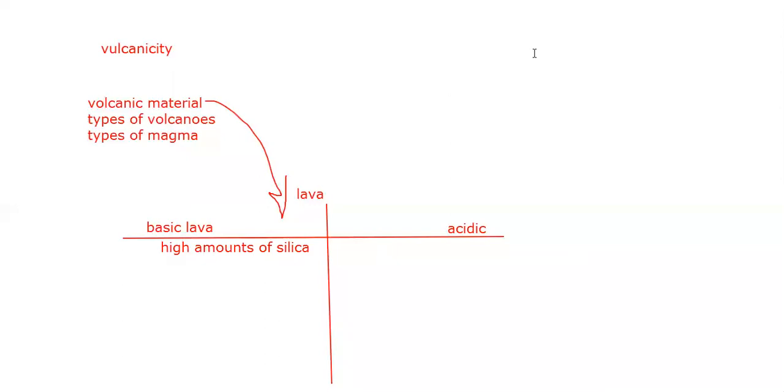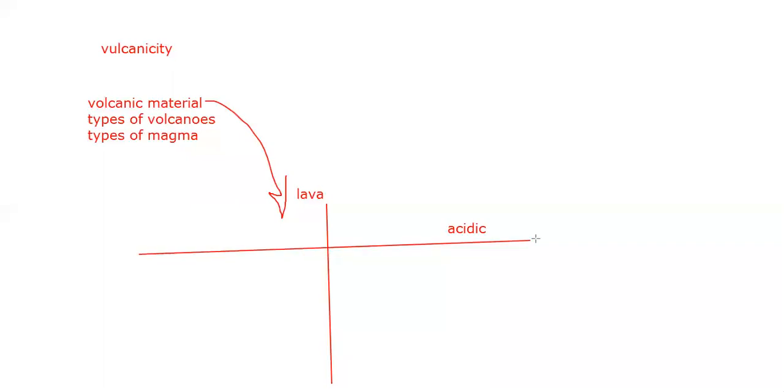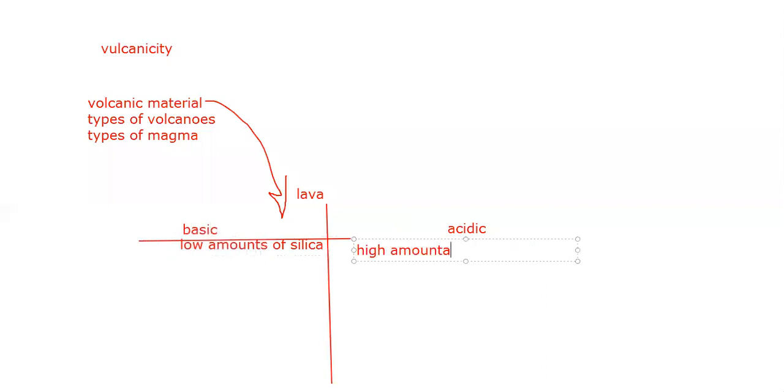My bad, I'm going to erase this. It's not high amounts of silica, it's low amounts of silica. That was a mistake. So basic lava contains low amounts of silica, and acidic lava contains high amounts of silica.